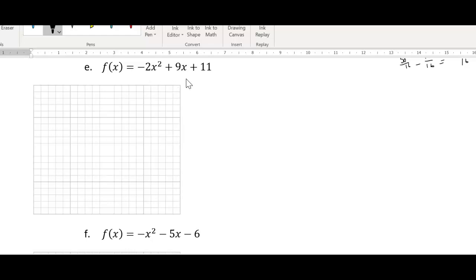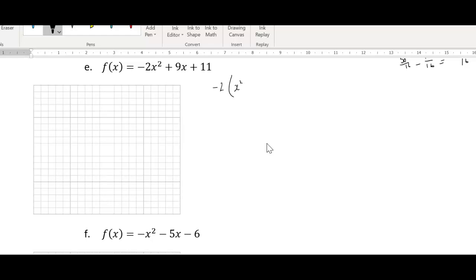So with negative 2 and 9, you would have to take out a common factor of, let me just think. Take out the common factor of negative 2, okay, because we do want to get x squared on its own.